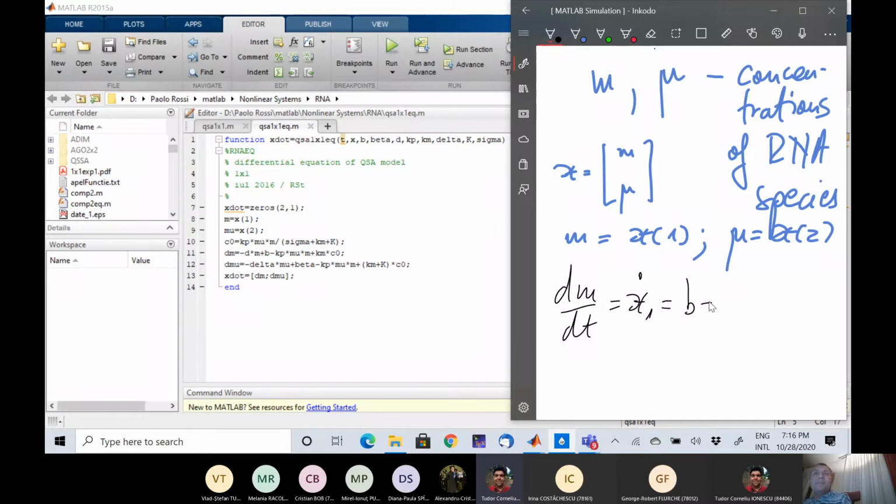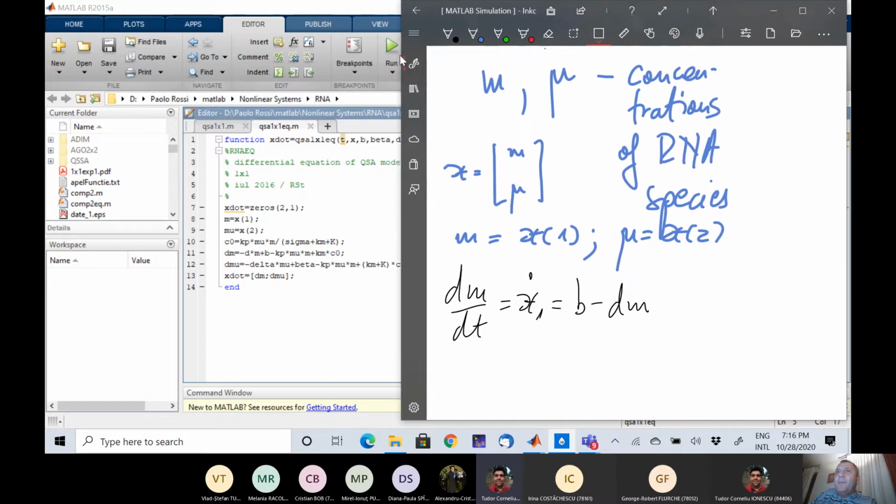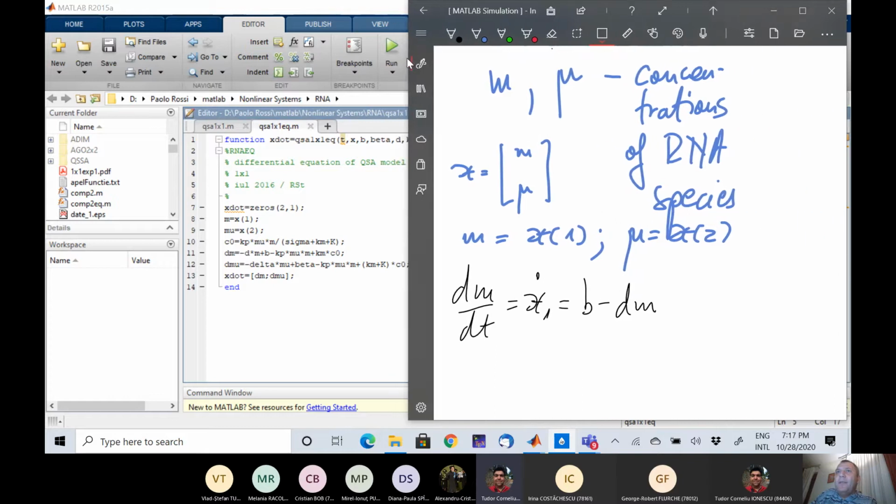B minus d multiplied with m, minus another constant kp multiplied this time both by mu and m, and a final term there, plus km multiplied by C0.